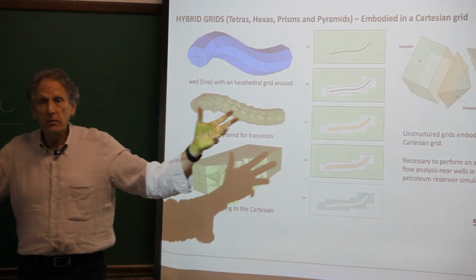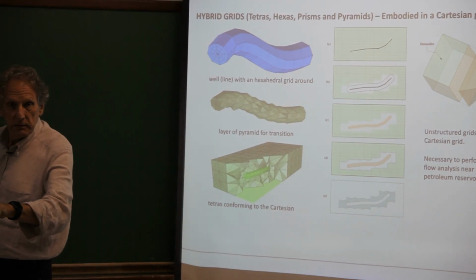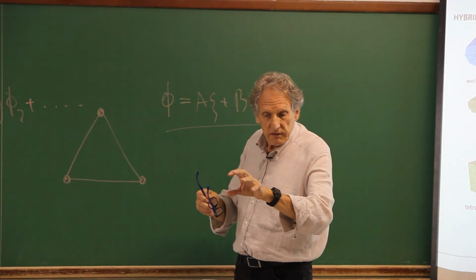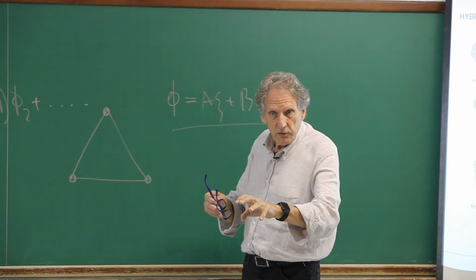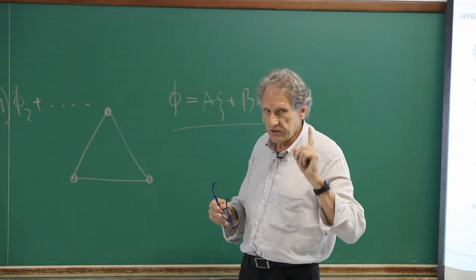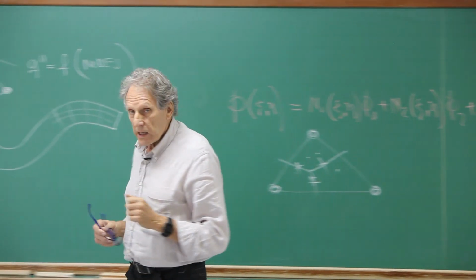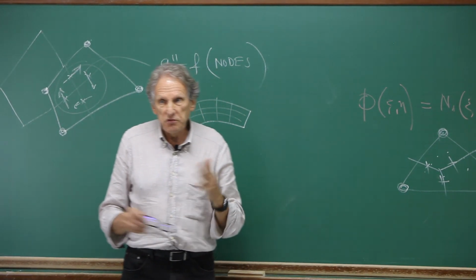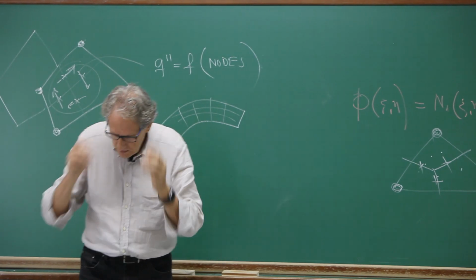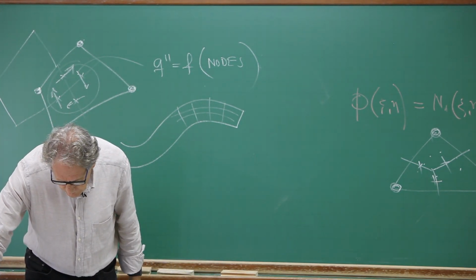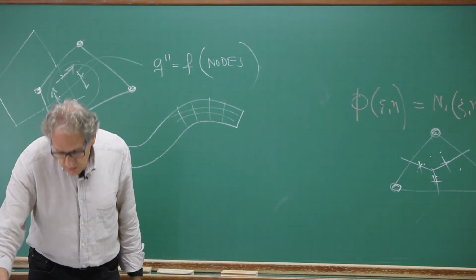And then you solve the problem, and you have the chance to have a very good solution for the near well region, which is not easy to do by refining the Cartesian grids, you know. So this is done.